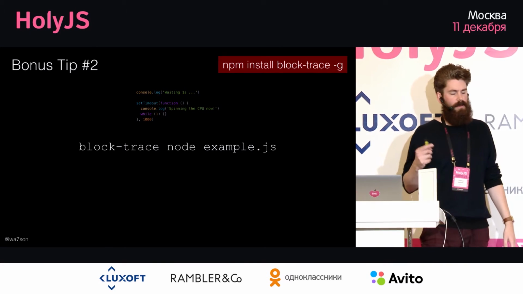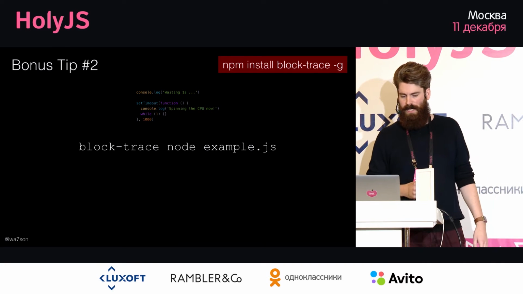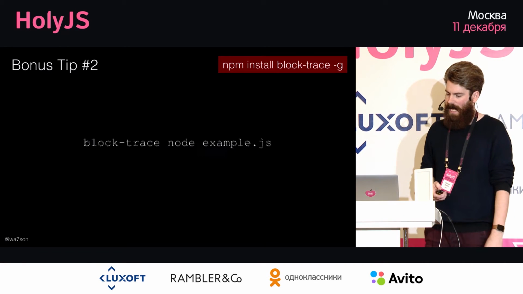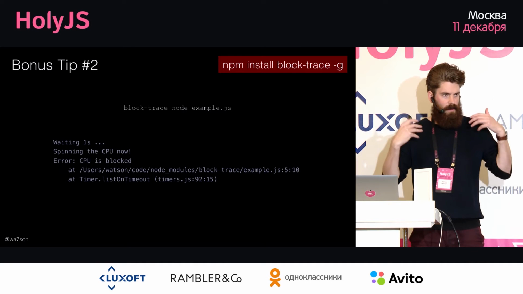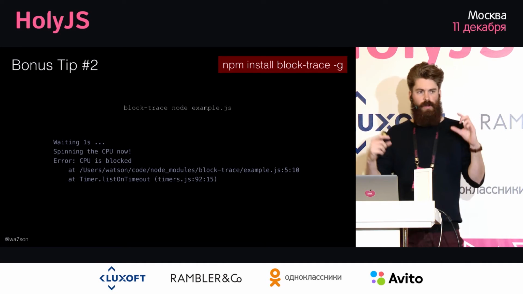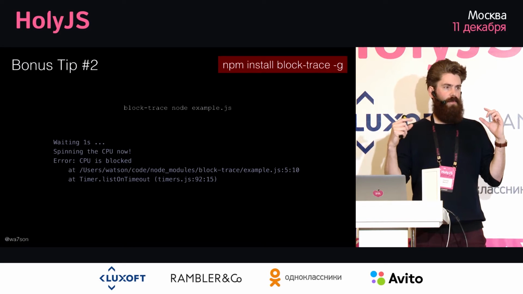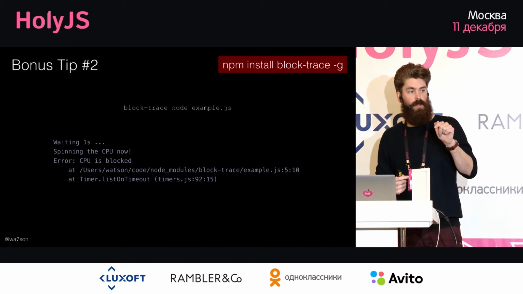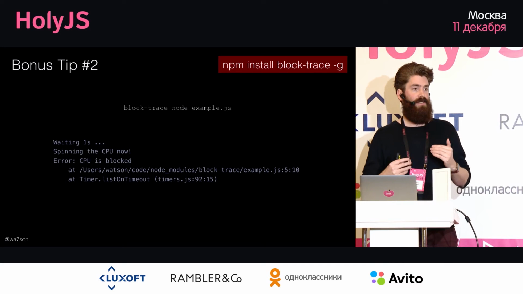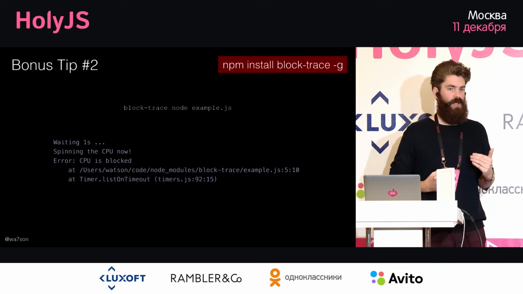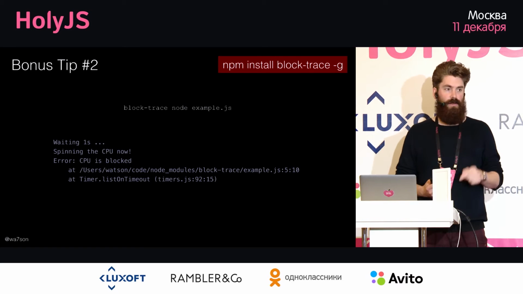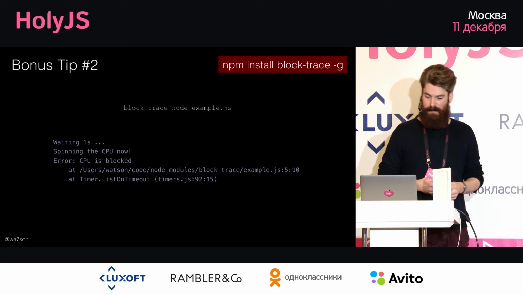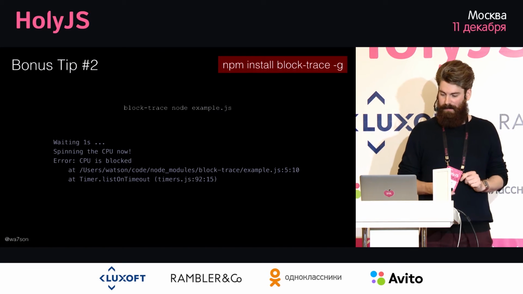You run your Node program with block-trace in front of it, and it will actually halt and exit the program, showing you a stack trace of where your program blocked the CPU, which is really, really clever. What I really want this tool to do, though, is be able to run this in production and not actually crash your server. That's kind of stupid in production. So you should open a pull request. That would be really cool.